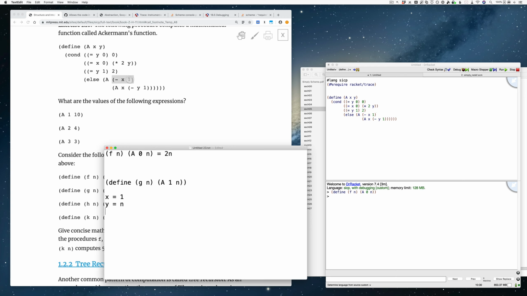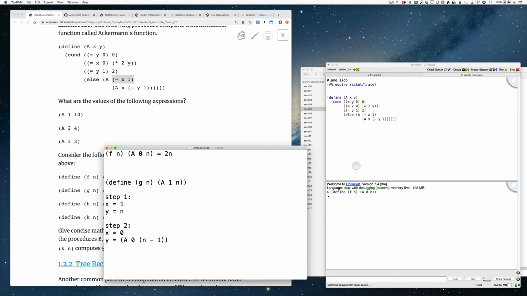So what's going to happen? We're going to make a recursive call to the Ackermann function. The recursive call is going to pass x minus 1 as the new x, and so hang on. So x minus 1 is going to be the new x, and the new y, you see, the y is going to be this whole thing, right?